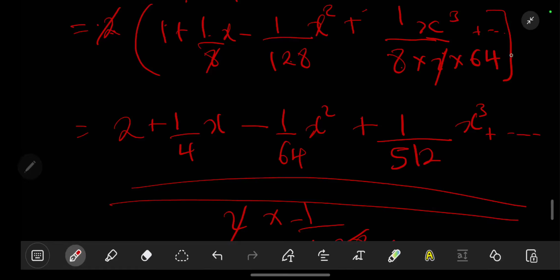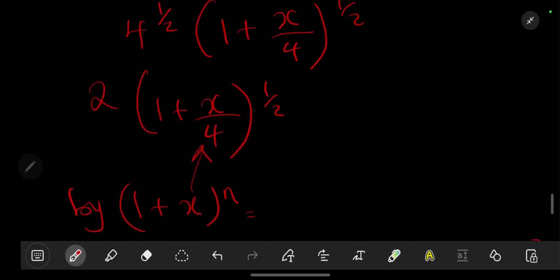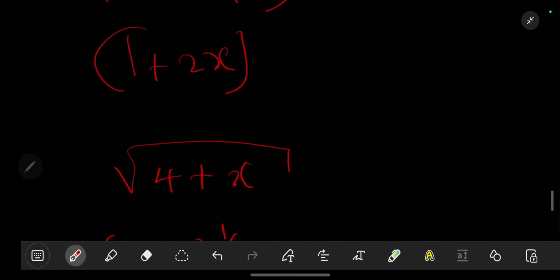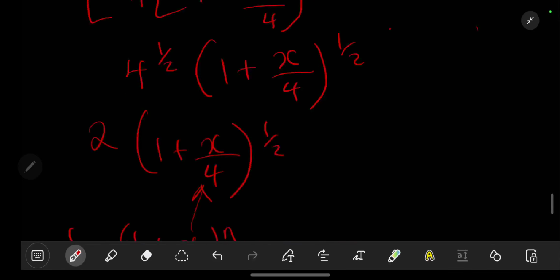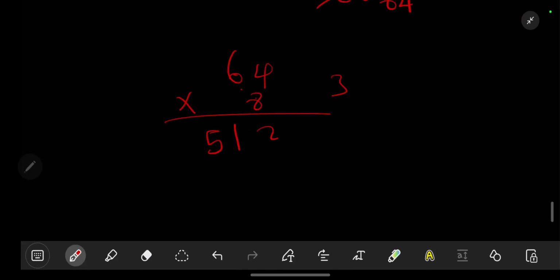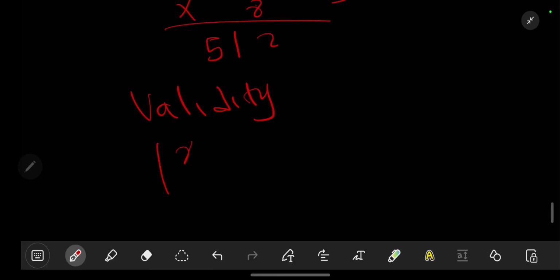Let's try another one. Before we try another one, let's look at the validity of this one. So for the validity, you just get this. The validity will be putting this in modulus, say less than 1, like that.